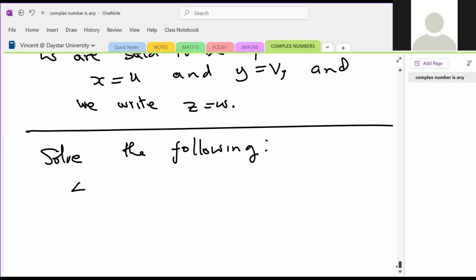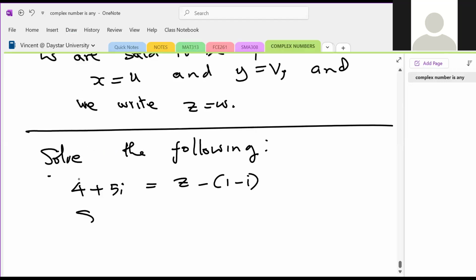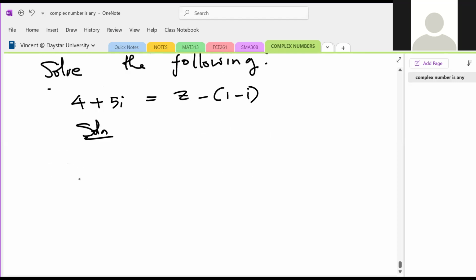The first one is 4 plus 5i equals z minus 1 minus i. Solution: here we're simply finding the value of z. There are two ways.